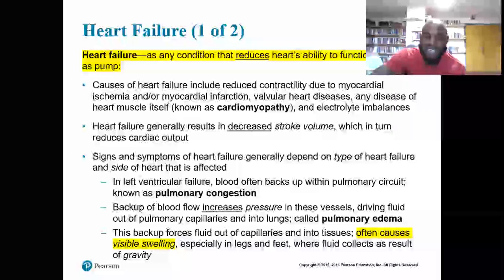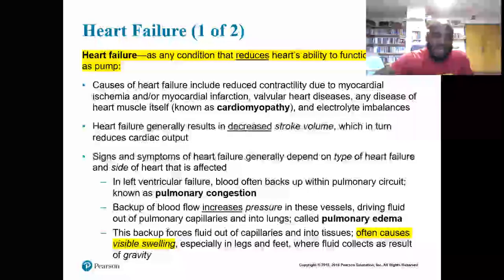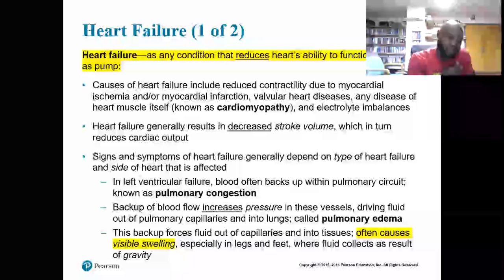Visible swelling in your legs and your feet occurs because the blood's not being pumped properly, and therefore fluid tends to come out in your legs and feet, and that's not good. Remember, that's the furthest point away from your heart. Getting the blood all the way down to the feet and then back up to the heart is hard to do.